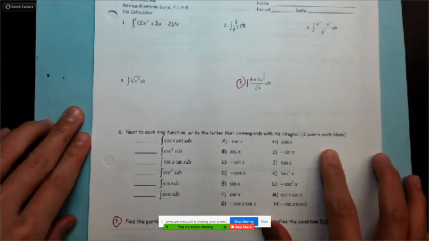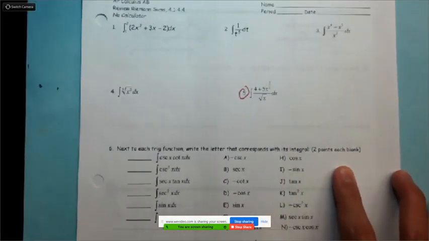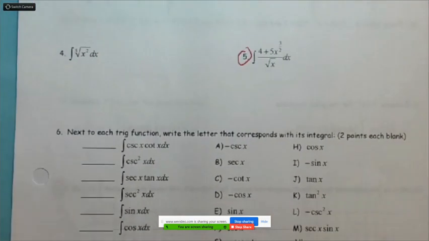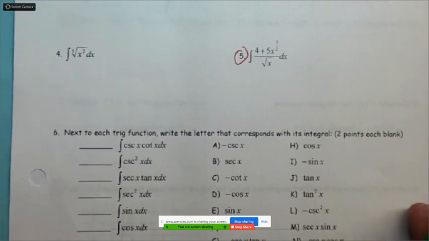Okay, on number 5, let's rewrite this so we have no fraction. Can y'all see this okay? So I'm going to divide them both by square root of x.